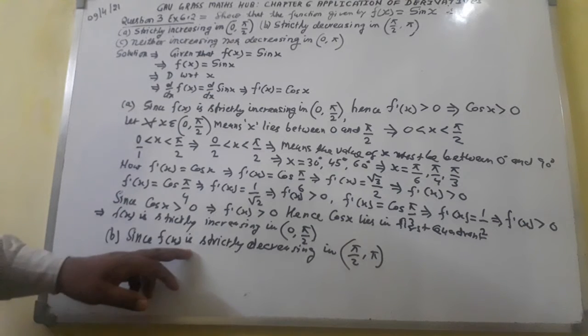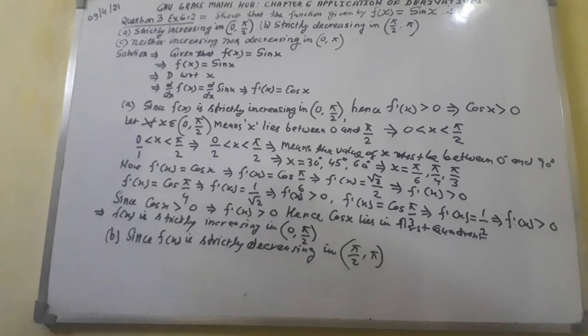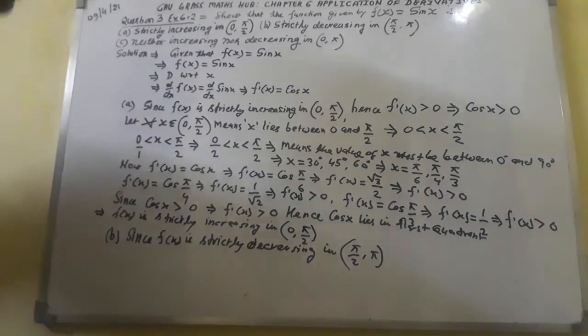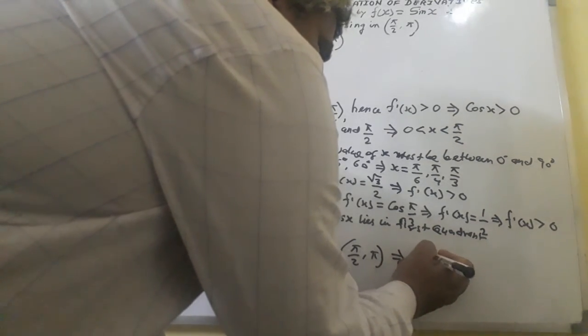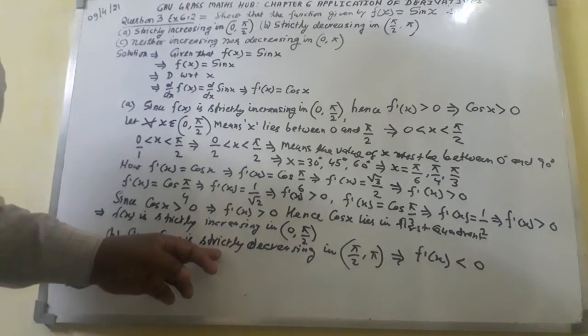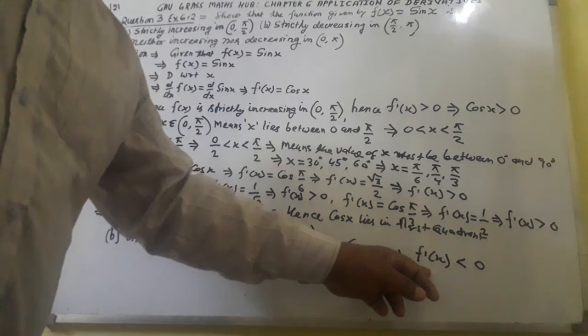Since f of x is strictly decreasing in open interval pi by 2 comma pi, open interval, so here I shall write strictly decreasing, which implies that f dash x is less than 0, because here f of x is strictly decreasing, then f dash of x must be less than 0.